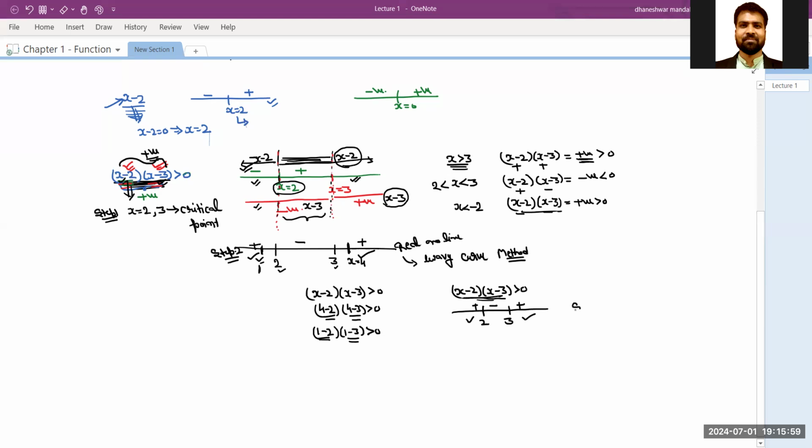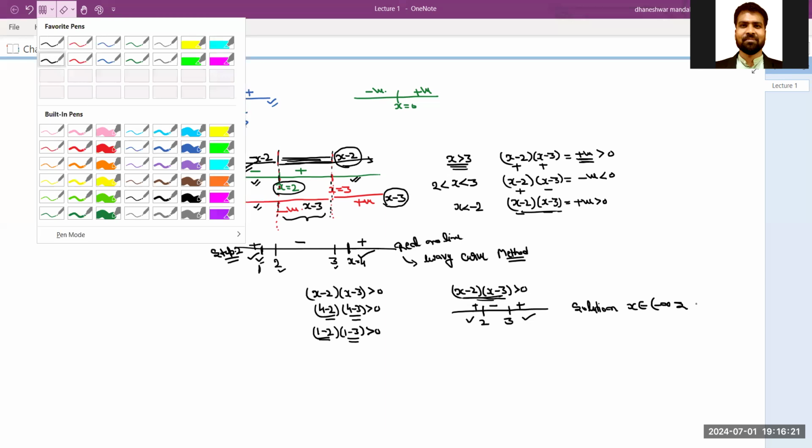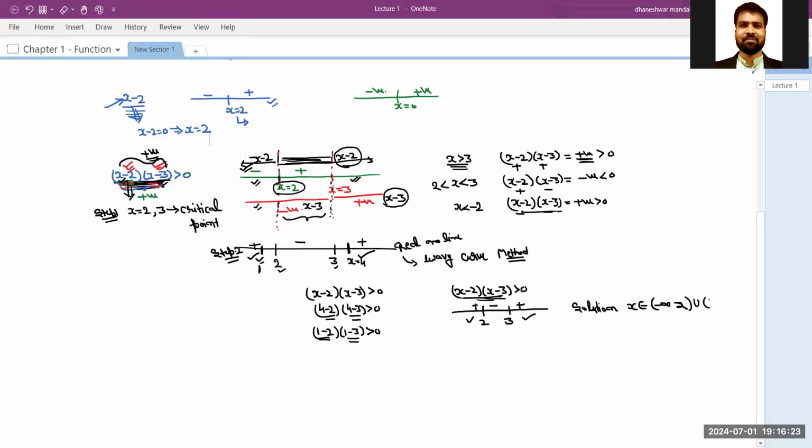It means the solution of this inequality is x belongs to minus infinity to 2, but equality is not there, that's why I'm not taking the equality sign here, union 3 to infinity. This is the solution.